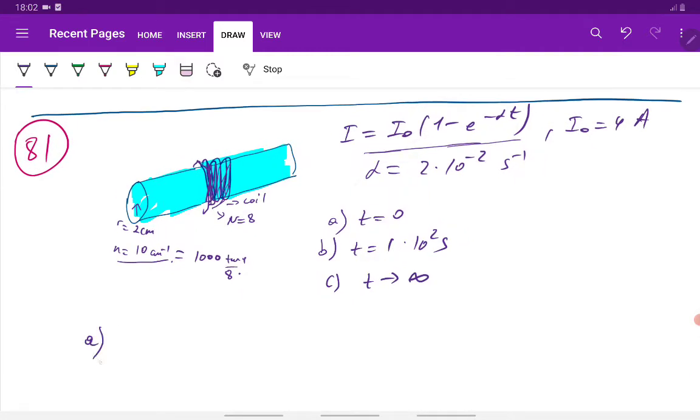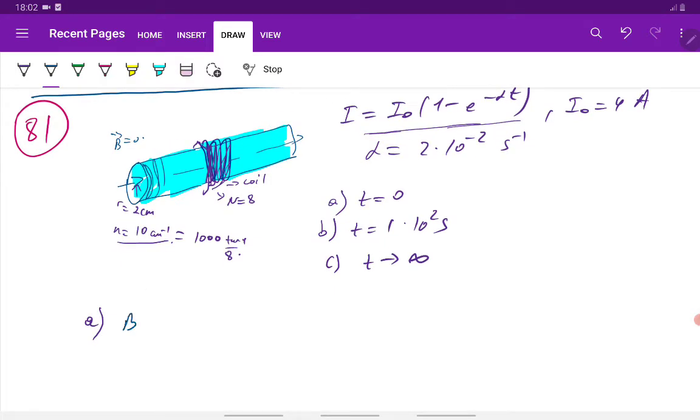So what should we do first? We know that outside the solenoid the magnetic field is 0. And inside the solenoid, within the approximation, we found that it equals μ0 n I, a formula already derived in lecture.